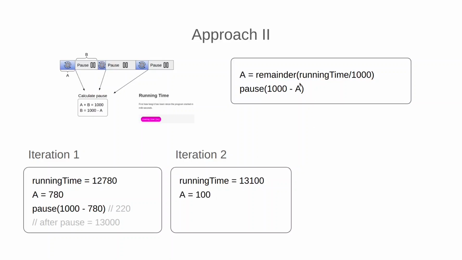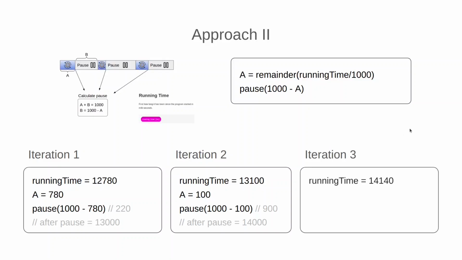And it's simply the remainder of dividing by 1000, because we know that after the pause, we didn't have any remainder after division by 1000. Now we need to pause for the same 1000 minus A, and after this pause, we get 14,000.